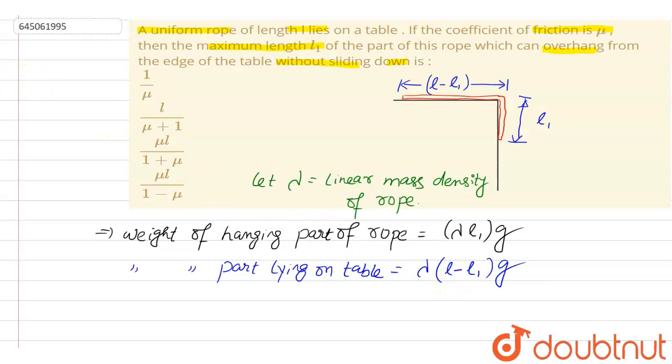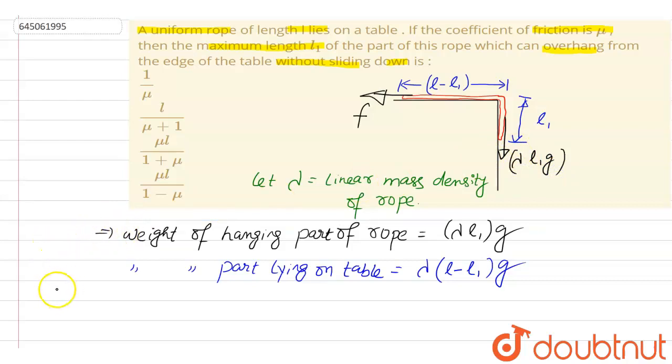For not sliding down, the friction force acting between the table and the rope should be equal to the weight of the hanging part, which is lambda times L1 into g. These two forces should be equal for not sliding down.